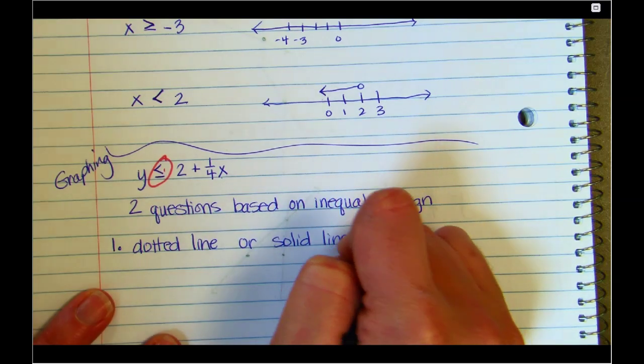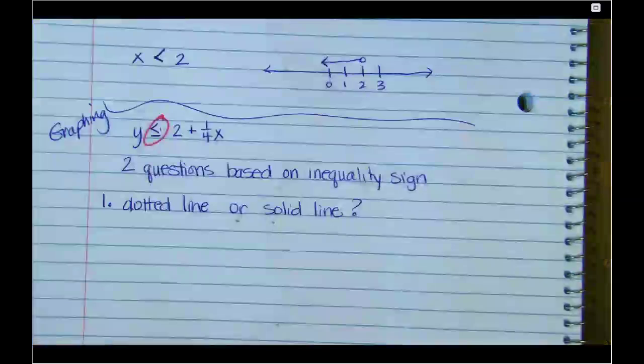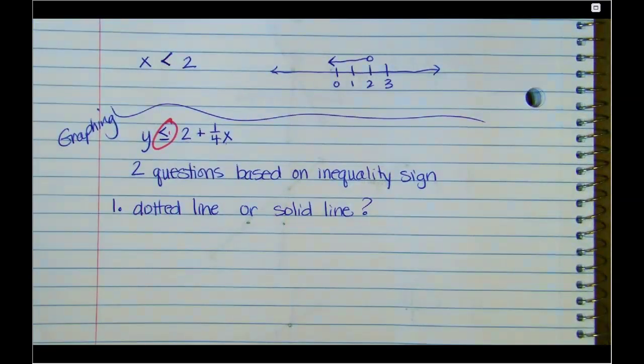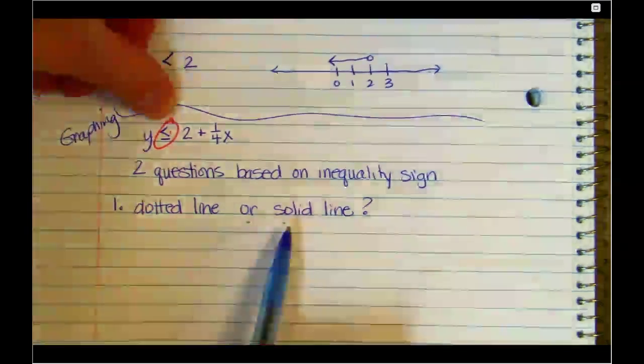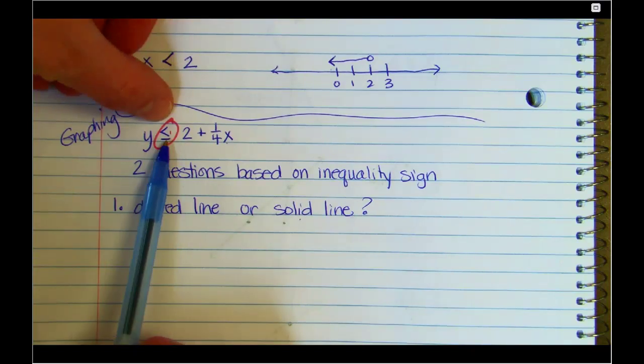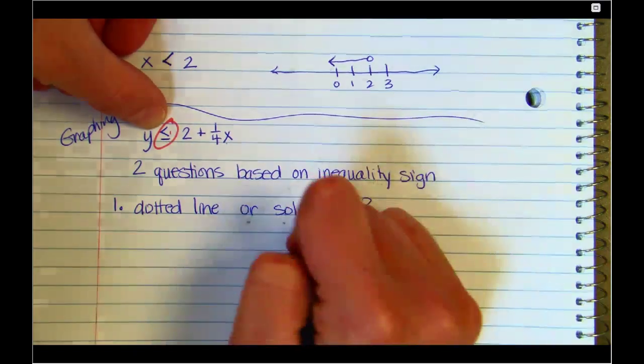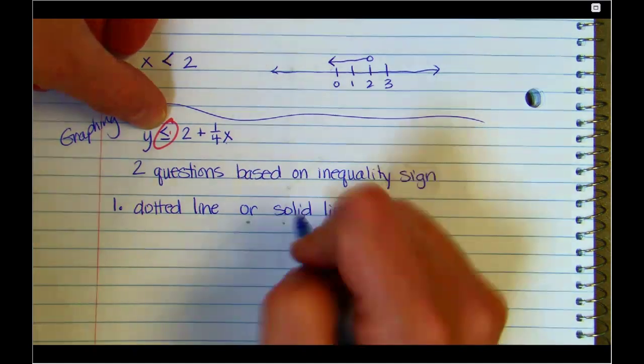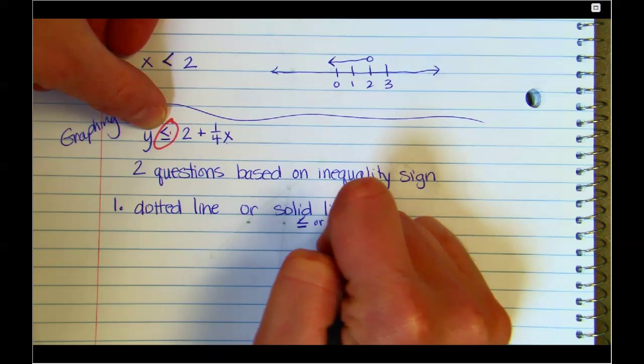Okay, write that down and I will explain how you know. So a solid line, I know that there's a solid line if this is either less than or equal to or greater than or equal to.